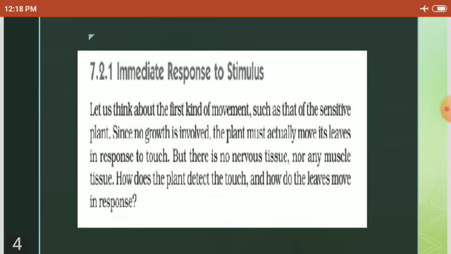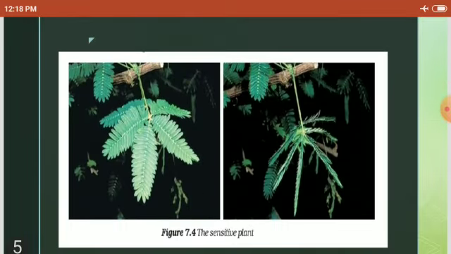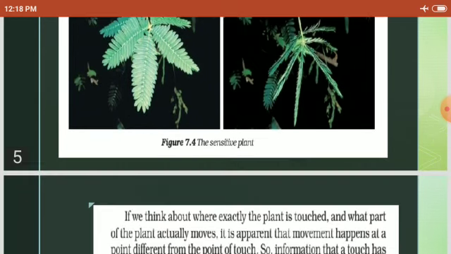Since no growth is involved, the plant must actually move its leaves in response to touch, but there is no growth. Look at this plant. The first figure shows a plant which, when touched, has its leaflets folded. There is no growth at all.